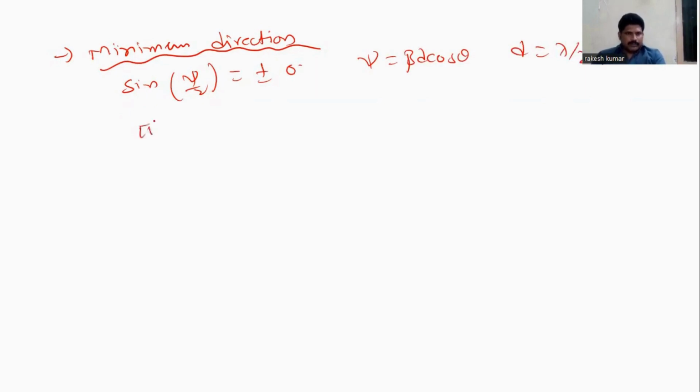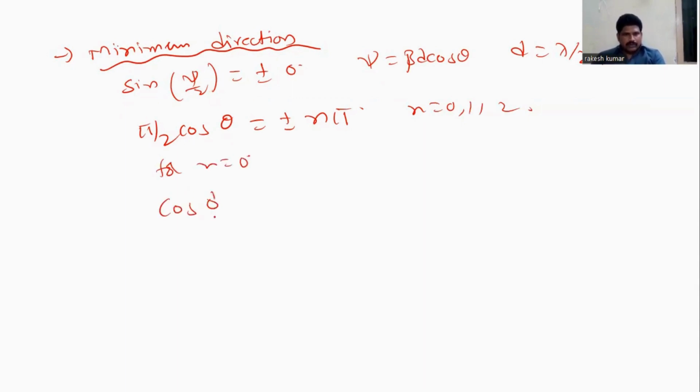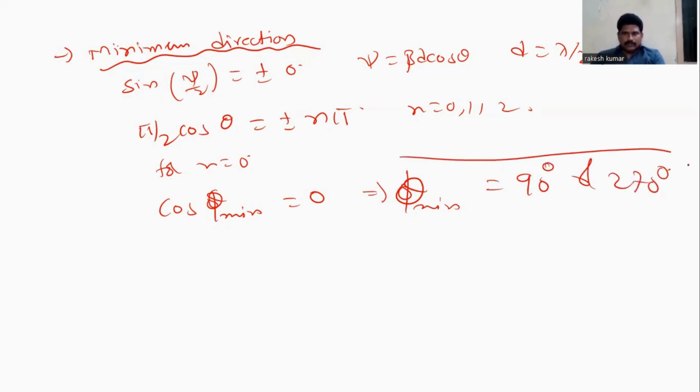If we apply that, pi by 2 cos theta is equal to plus or minus n pi, where n is equal to 0, 1, 2, 3, and so on. For n equal to 0, cos theta minimum is equal to 0. So the minimum radiation is at 90 degrees and 270 degrees.